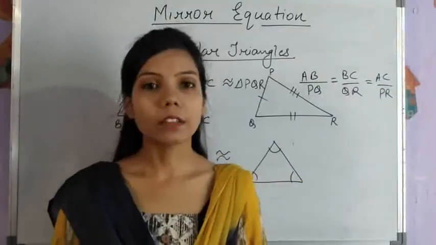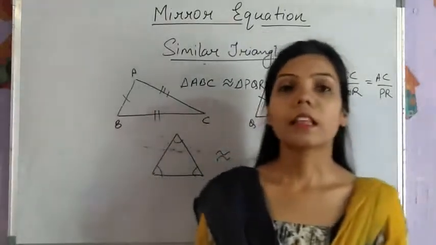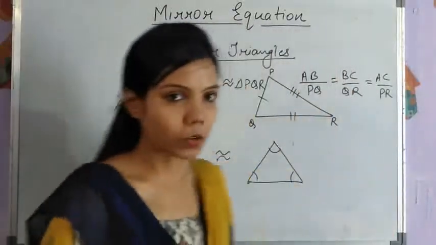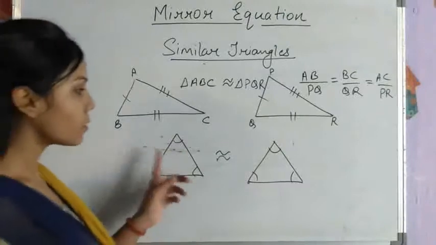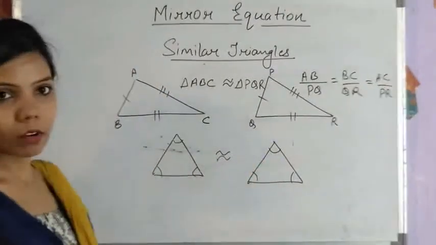The second thing about the similarity of two triangles is that if two triangles are similar, then the measures of the corresponding angles of those two triangles will also be equal to each other.